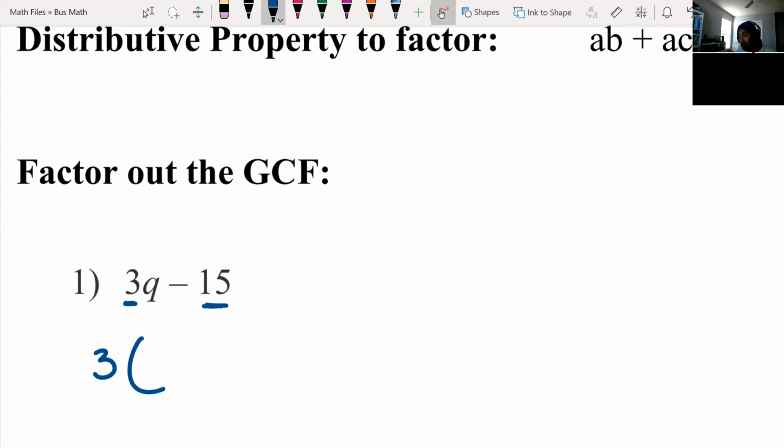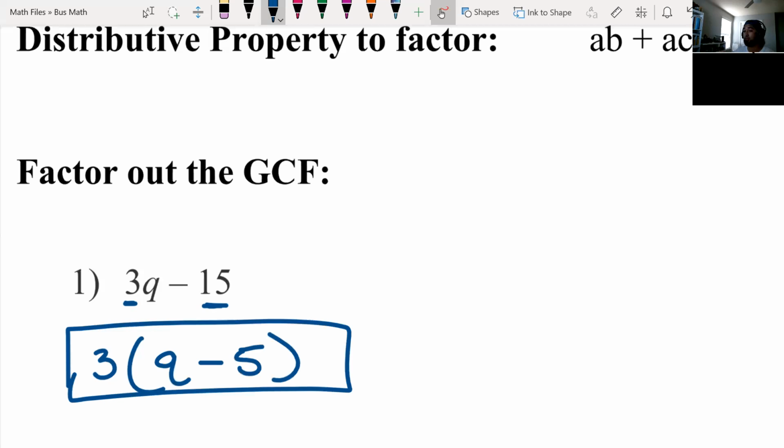And when you factor, you are essentially dividing it from every term. So if I take 3 from 3q, what is left over? Q. Good. Minus, and if I factor 3 from 15, what am I left with? 5. That's it.